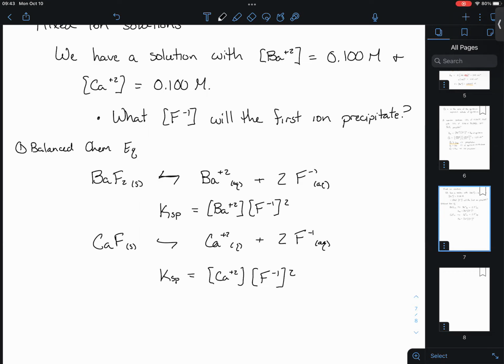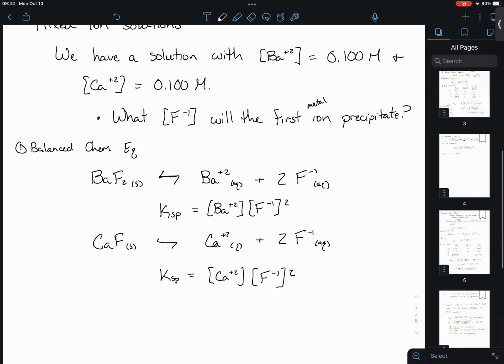Now it asks, what is the concentration of fluoride ions at which the first metal ion will start to precipitate? So the question is, which is going to precipitate first, barium fluoride or calcium fluoride? Let's go back to our Ksps.